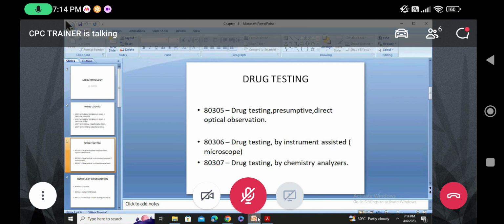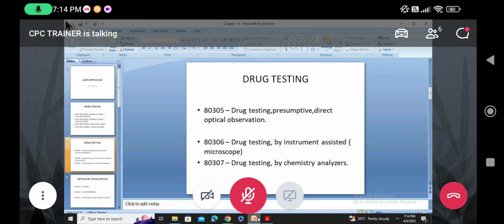For example, the pregnancy card, where the result is easily seen as positive or negative. Likewise, some kits are there. The provider directly checks and gives the result via optical observation. So this is for 80305.